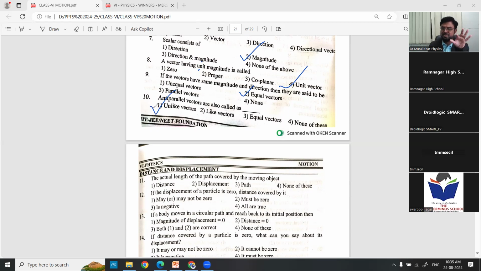So parallel vectors are like vectors, and anti-parallel are unlike vectors. So write down these 4. We'll see the remaining later, because up to here only we completed. Next part is synopsis 3. Of course, one more level is there. First write down these 4: 7, 8, 9, 10.